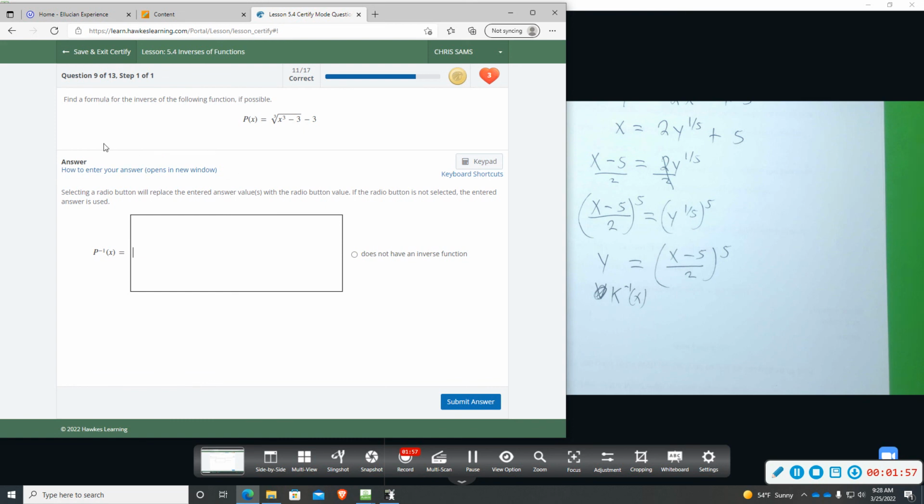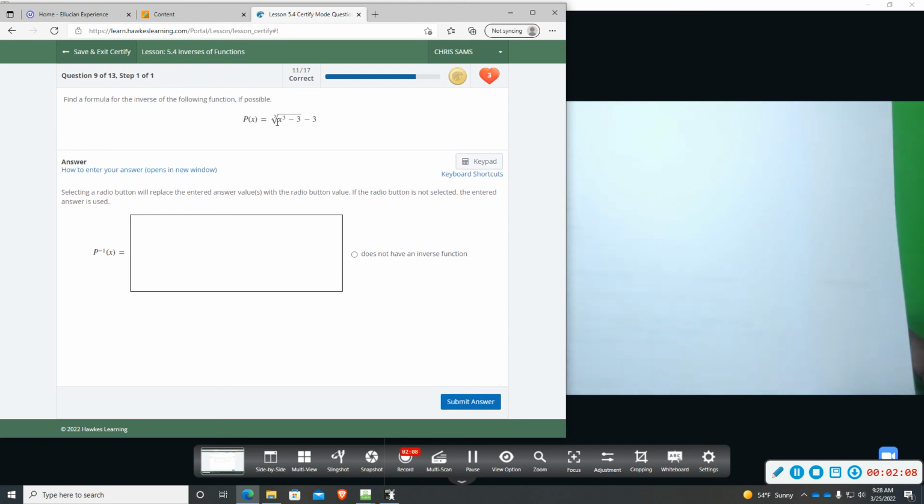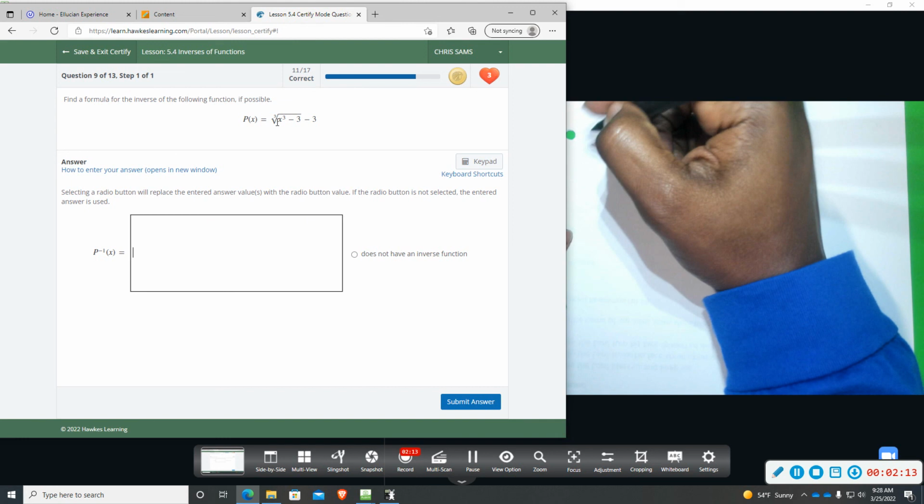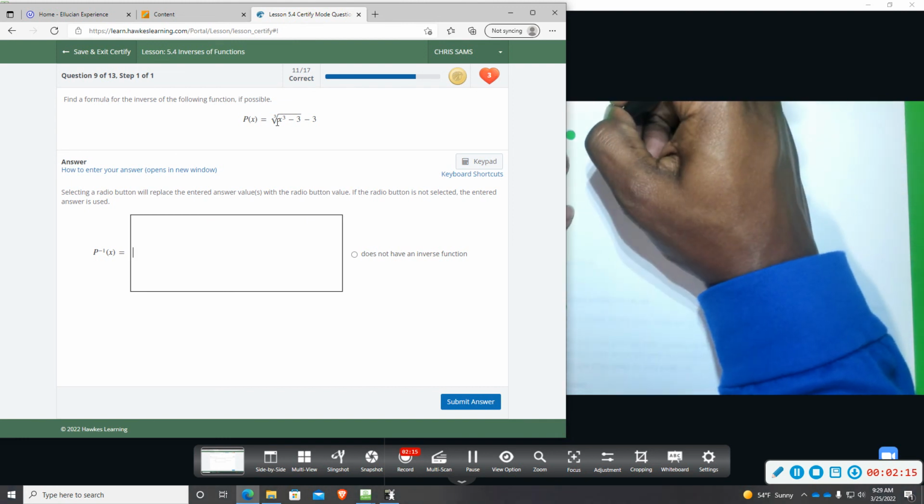All right, so we want to know, does this one have an inverse? And again, same concept, it will. We're going to solve it and find that inverse. Just the cube root, or to the 3rd power. So I'm going to write this instead of p of x. This is number 9.